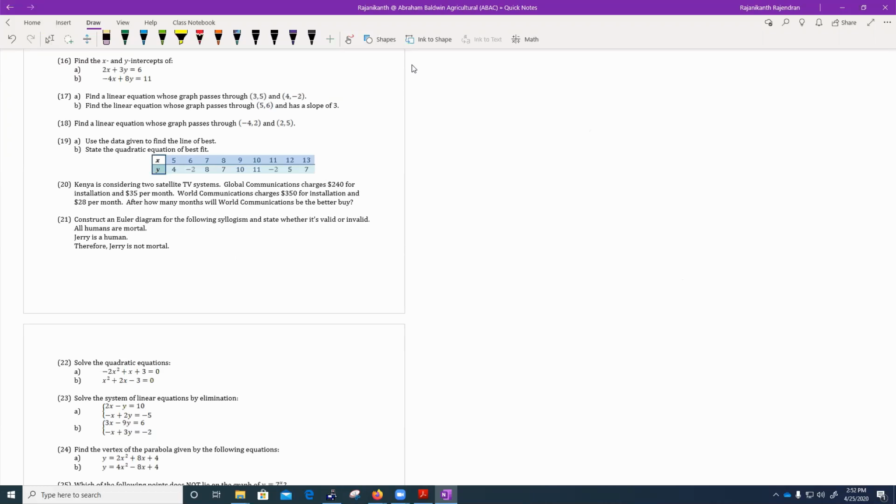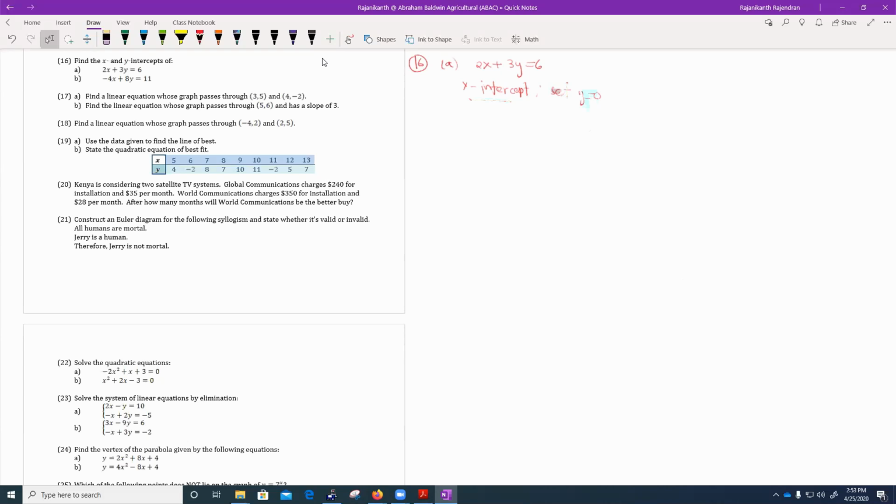Number 16. Find the x and y intercept for the following linear equation. Let us find the x and y intercept for this first problem. The given equation is 2x plus 3y is 6. To find the x-intercept, simply set y to 0 in the equation and solve for x.